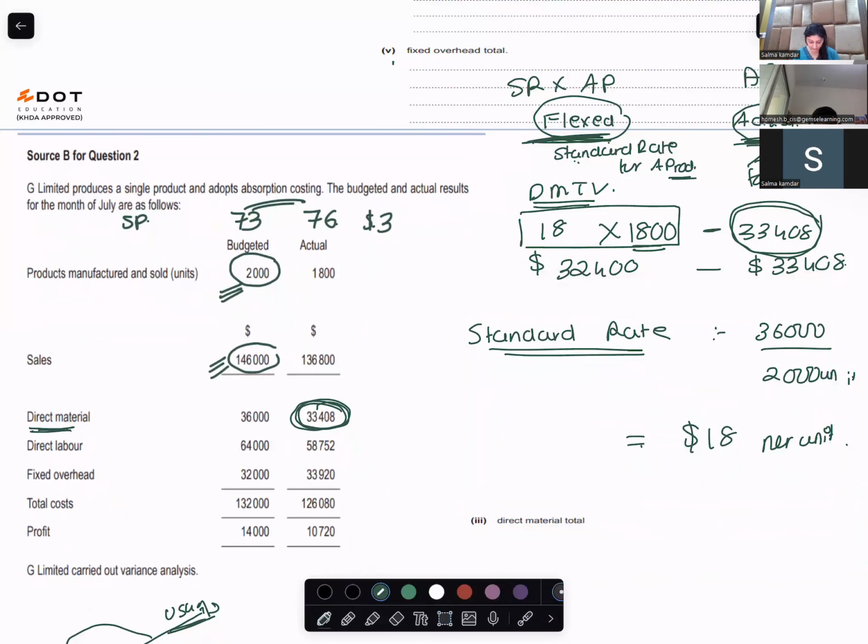So is it favorable or adverse? It's adverse, by 1,080.